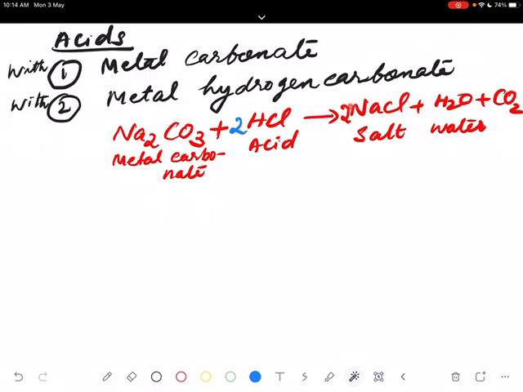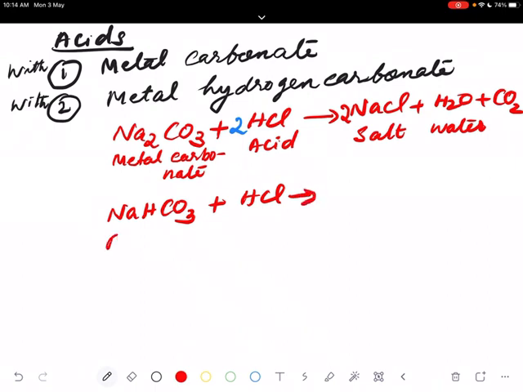Now let's see the reaction with metal hydrogen carbonate or bicarbonate. For that I am taking the example NaHCO3. NaHCO3 plus HCl gives again salt, water, and carbon dioxide.